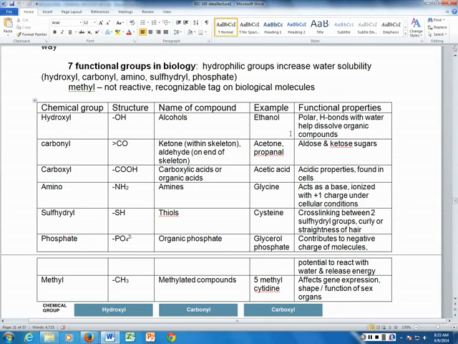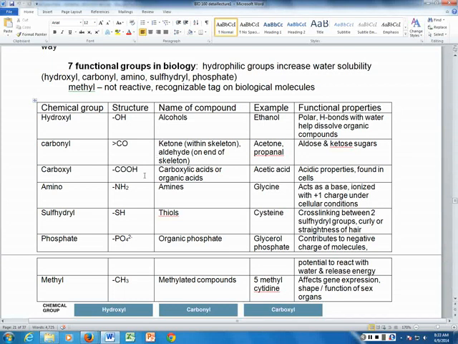So if you were looking to make an artificial substance and you wanted it to be water soluble, if you put hydroxyls on there, an alcohol group, you're more likely to be able to make it water soluble. So you can put these functional groups on something when you create a chemical for the specific properties that they have.